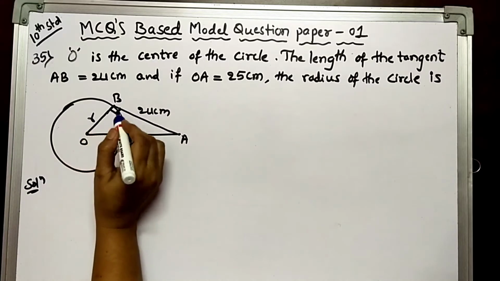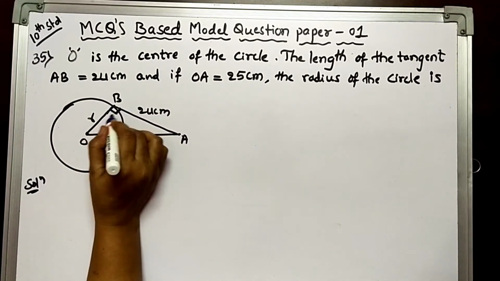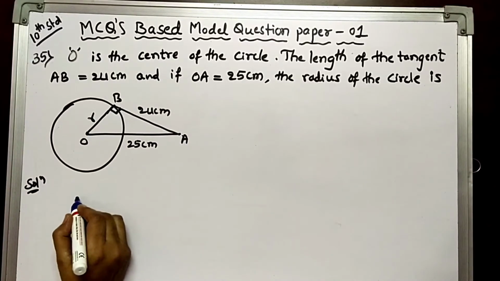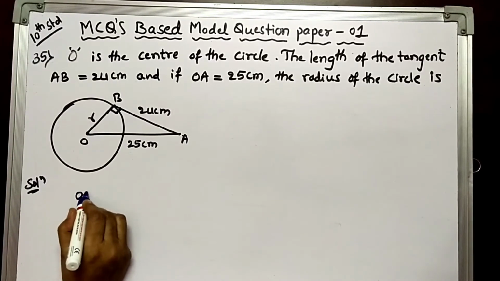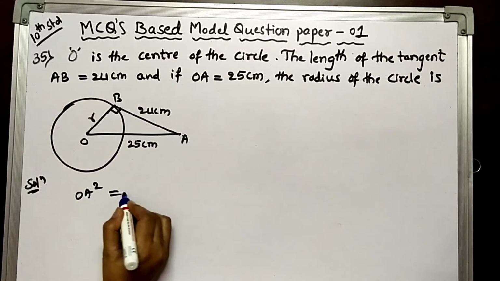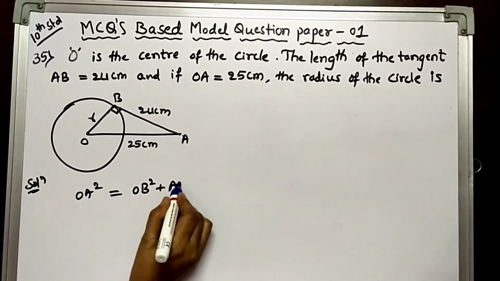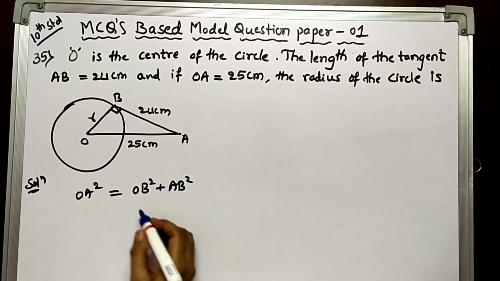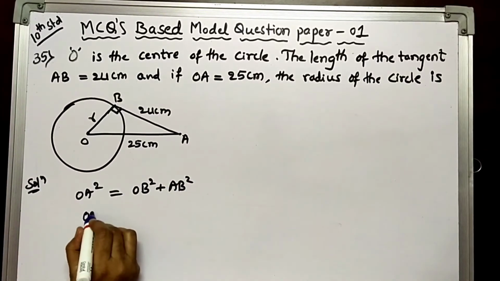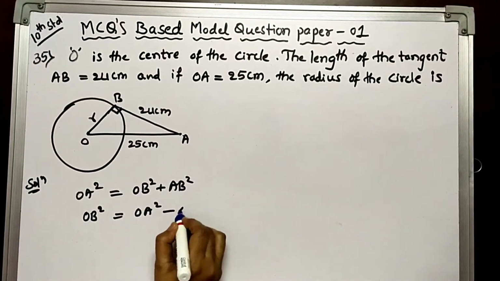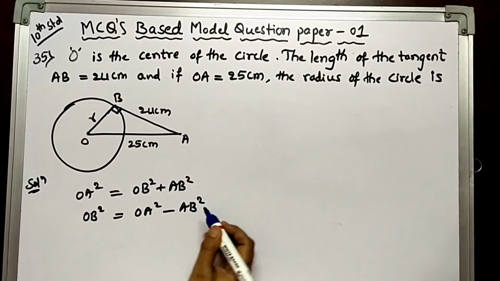See, the angle between the radius and the tangent is 90 degrees, no? So use the Pythagoras theorem here. OA square is equal to OB square plus AB square. We want OB, the radius. So OB square is equal to OA square minus AB square.